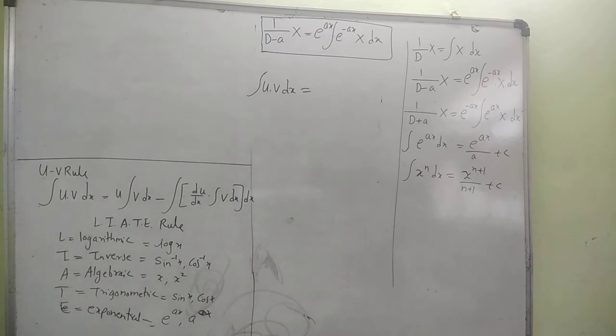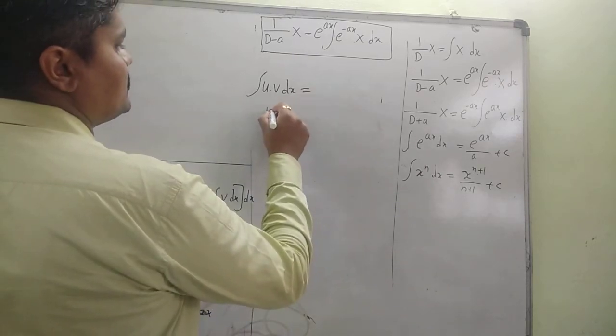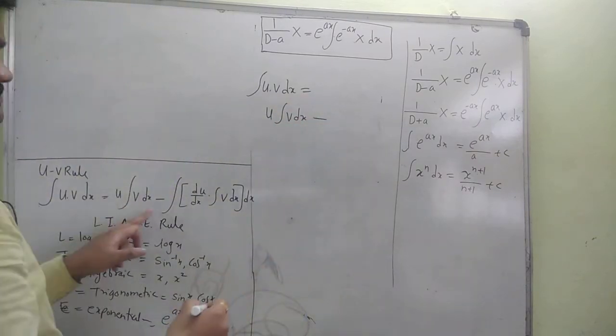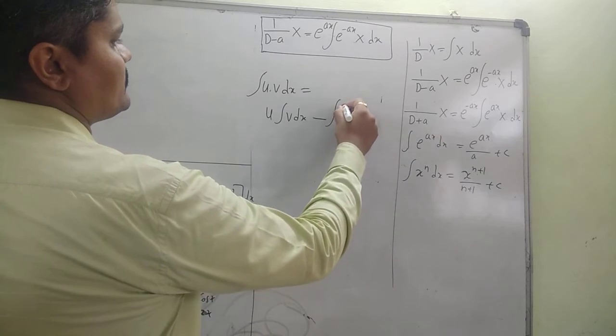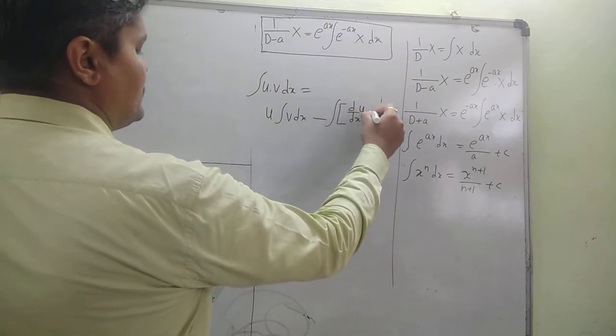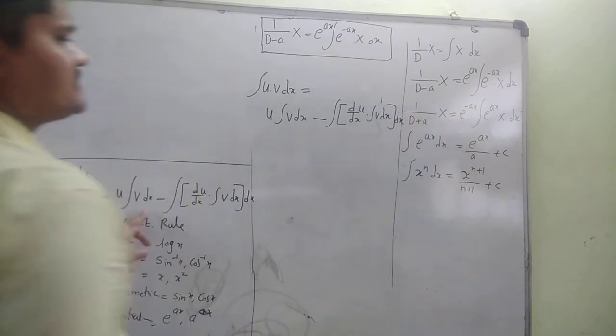We have the formula as we learned in the 11th and 12th standard: it is u integration of v dx minus integration of, in brackets, d by dx of u into integration of v dx, bracket close, dx.